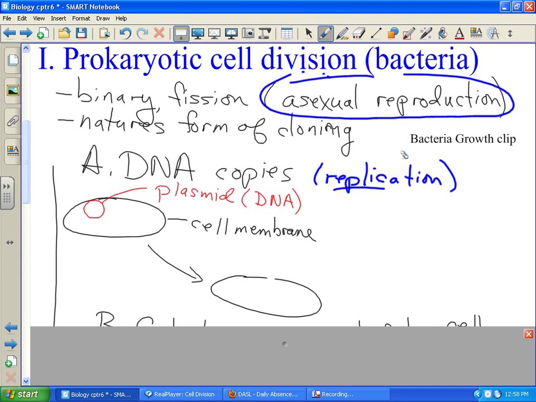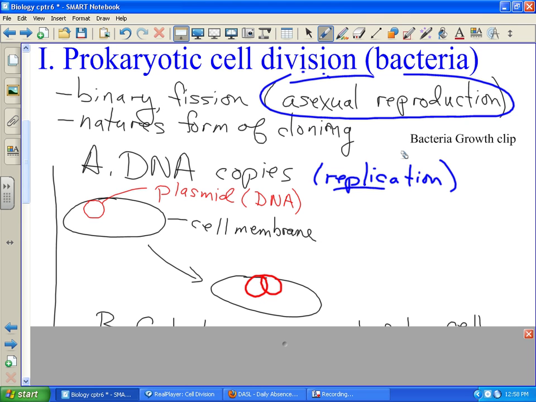Now, if we're copying the DNA, let's draw a plasmid in our second picture, and then draw a copy. Okay, so presto changeo, we've got a cell with 2 DNA strands. All right, that's halfway. We're already halfway done.